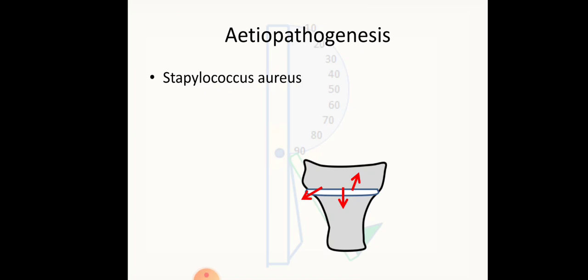Once the sequestrum is formed, the dimension of this segment varies from a small invisible piece to a whole diaphysis of the bone. That dimension, it is not the other part, it is the size of the bone that we are talking about. Now once the sequestrum is formed, pus starts filling up. As the organism grows, pus starts filling up.